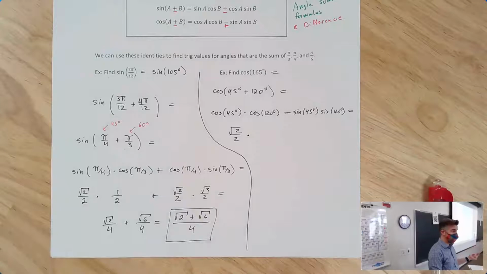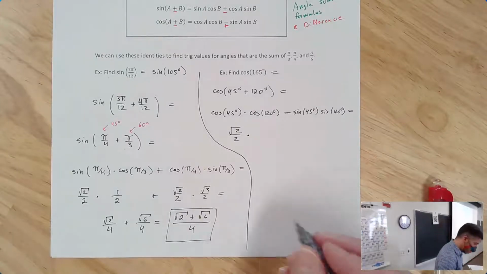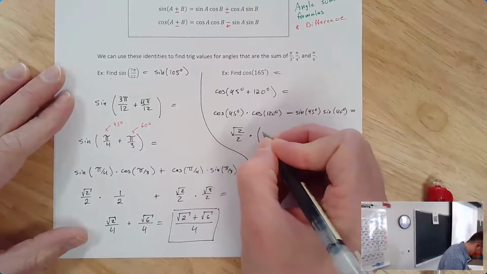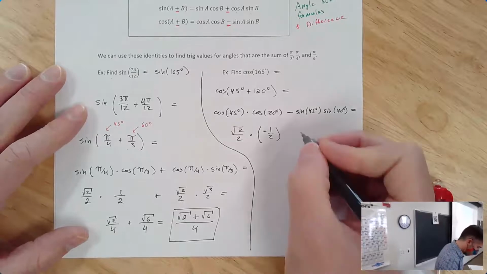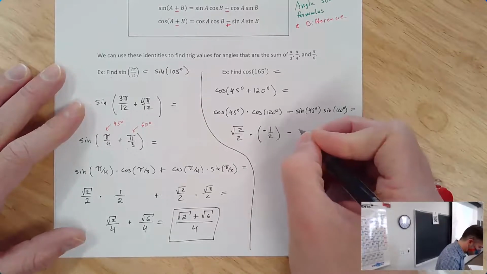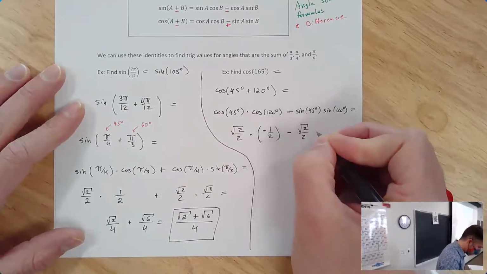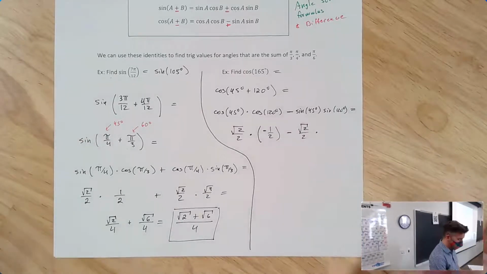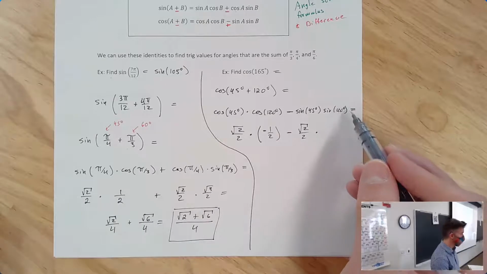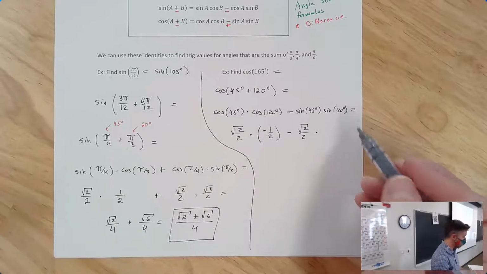The reference angle is 60 degrees, and we know cosine of 60 degrees is 1/2. So cosine of 120 degrees is negative 1/2. Minus sine of 45 degrees, which is root 2 over 2. Sine of 120 degrees: again, reference angle 60, we're in quadrant 2. Sine of 120 should be root 3 over 2, and it should be positive root 3 over 2 because we're in quadrant 2.